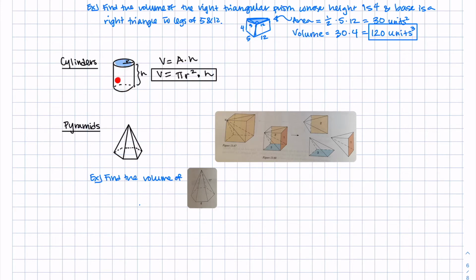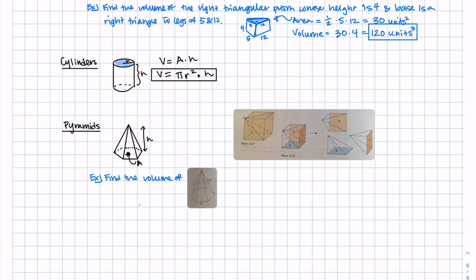I'm just taking infinitely many copies of this circle all the way down. But for the pyramid, I'm not, right? I start with this little hexagon, and as I go up, it's getting smaller and smaller, right? It's not remaining uniform. So again, we're going to want this formula in terms of the height and the area of this little bottom geometric figure, which in this case is a six-sided figure, but could be any number of sides.